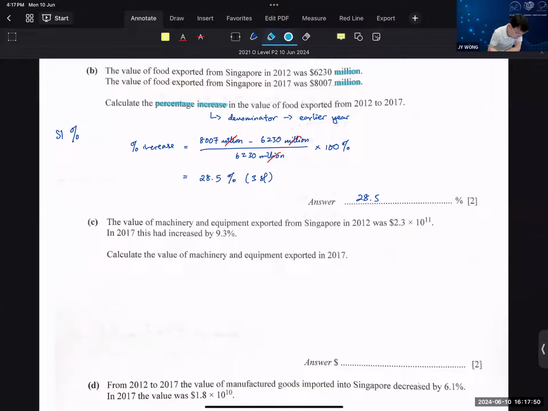So this had increased by 9.3%. If you increase by 9.3%, you are now finding 109.3% in 2017. So you should be comfortable enough to find 109.3% directly without having to go and find 9.3% or something and then go and add. No, just find directly 109.3%.